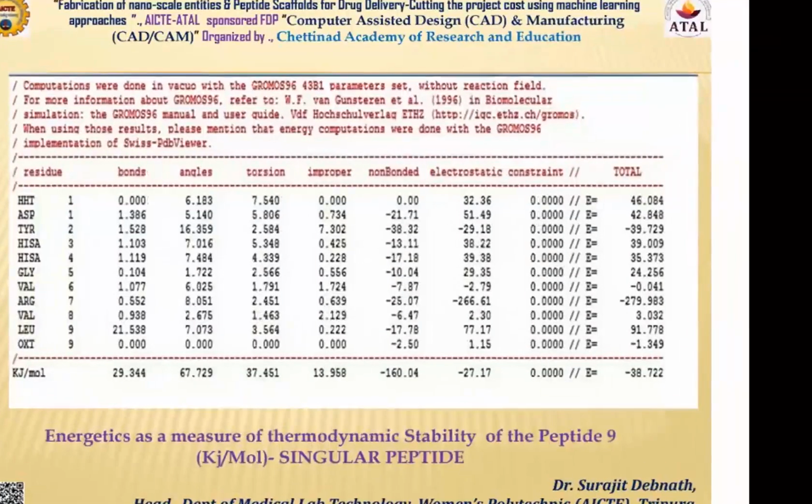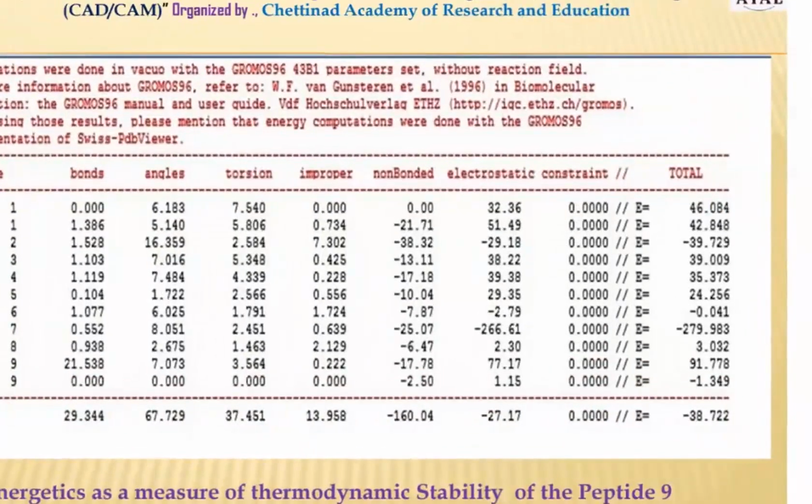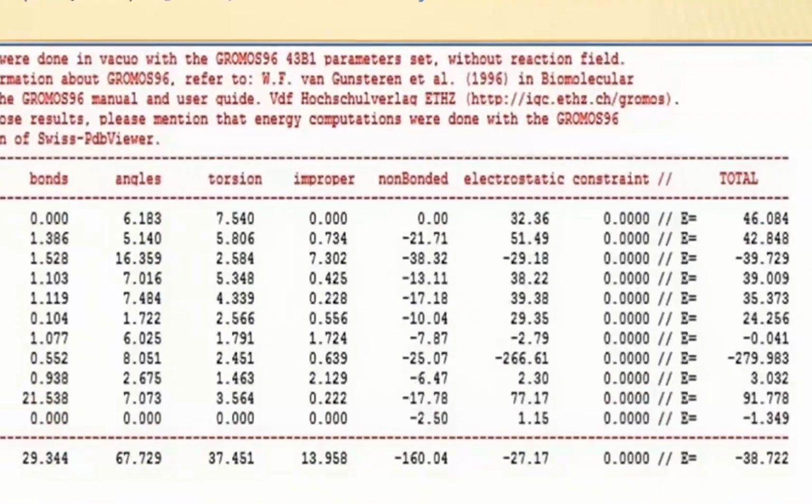So this is the energy landscape. When initially the single peptide was there, we calculated its energy through GROMACS, which is a molecular simulation package. We usually call it molecular dynamics. In this dynamics, we identified an energy of up to minus 39 kilojoules per mole.